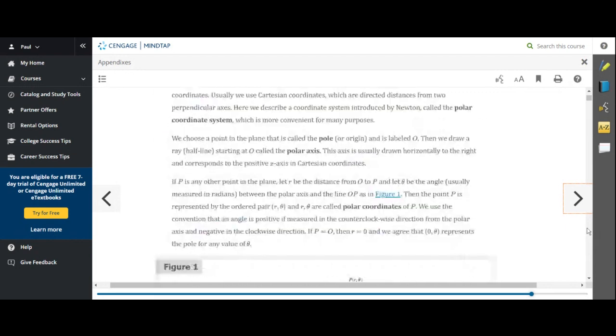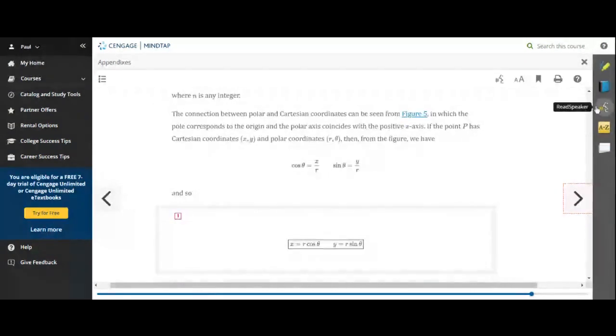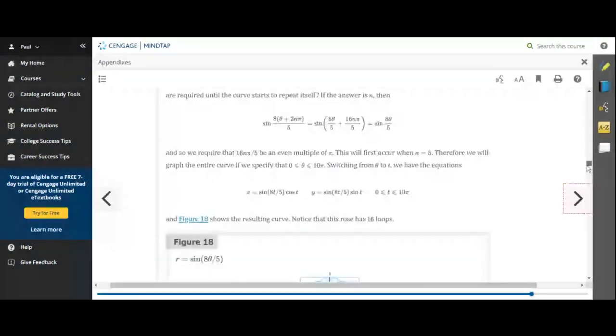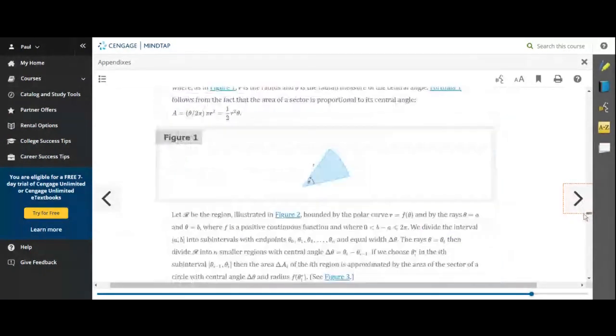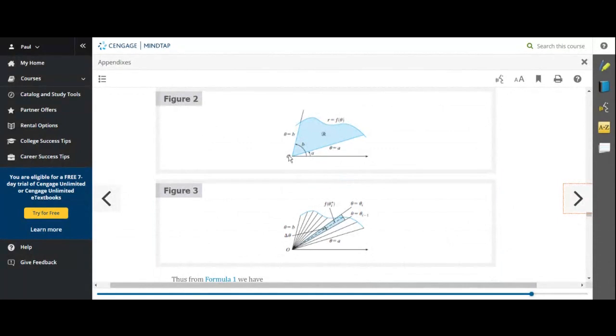It's the same kind of principle, but what you're doing now is breaking up the area under the polar curve, r equals f of theta, into sectors. So you're taking a bunch of different angles, and between two angles is a sector. And you can approximate that sector by the area of a sector of a circle.